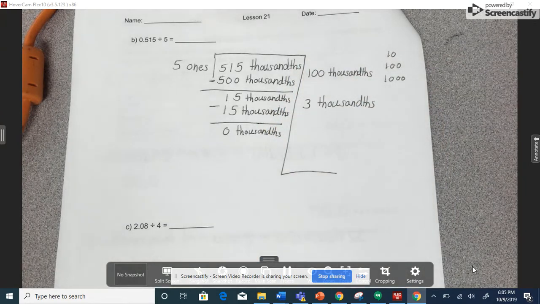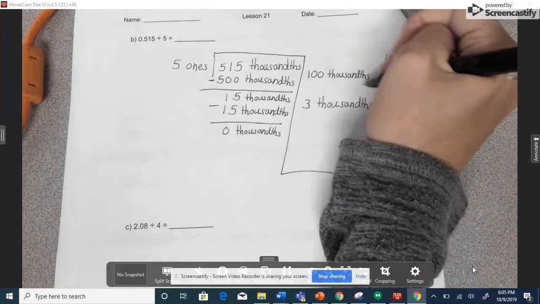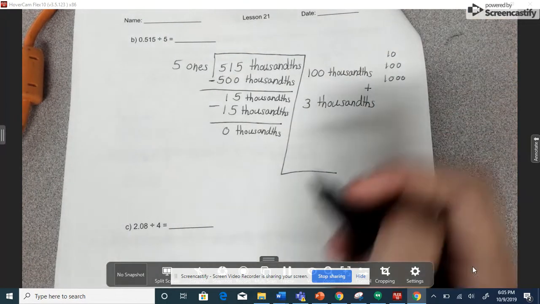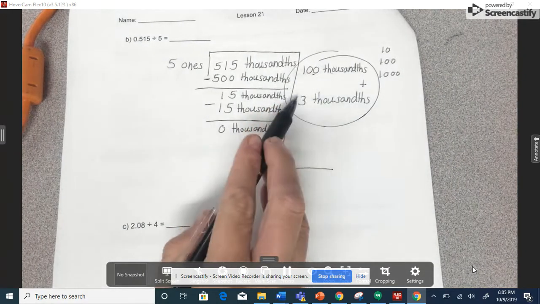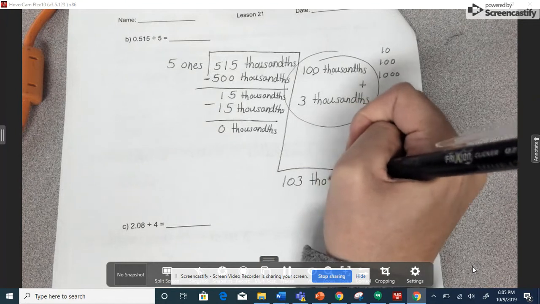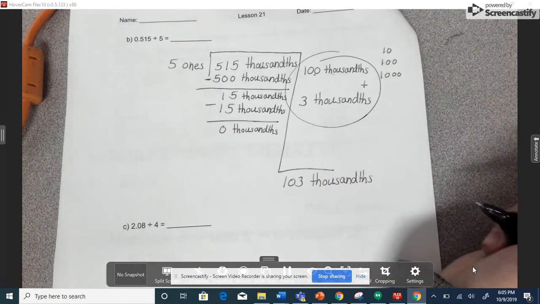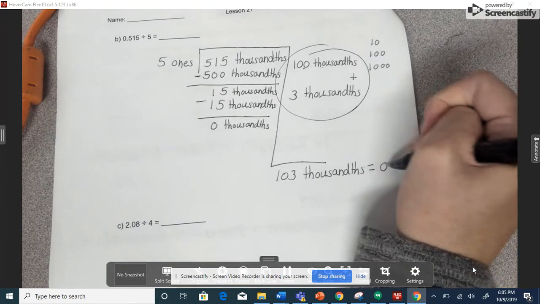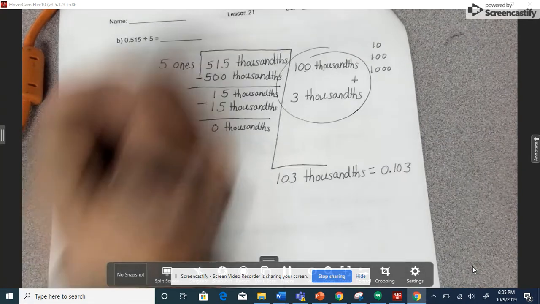So now I'm at 0, I know I'm done. 100 thousandths plus 3 thousandths, I know is 103 thousandths. And I can rewrite that as 0 and 103 thousandths. That's what I'm going to put on my line here.